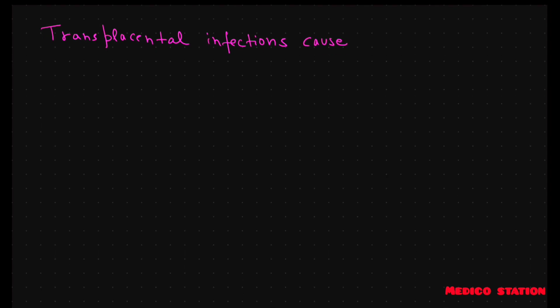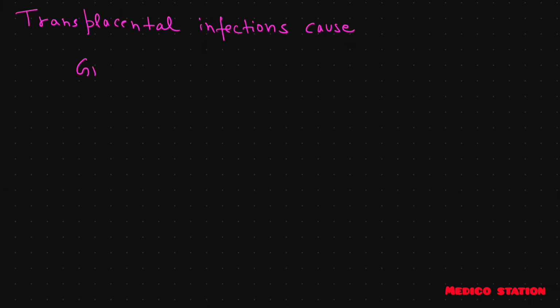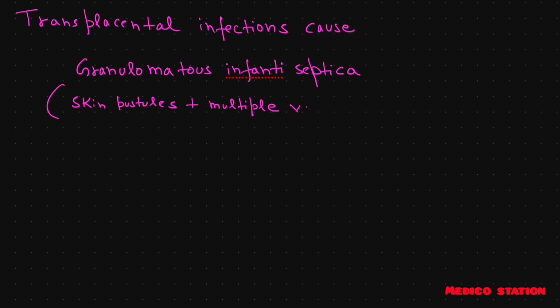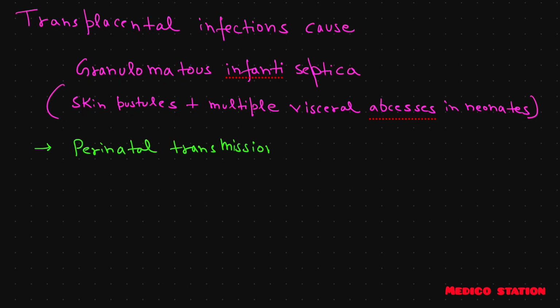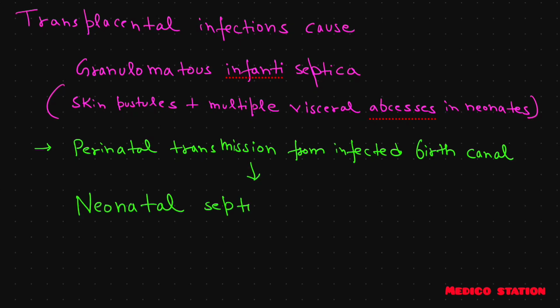Transplacental infections cause granulomatosis infantiseptica, characterized by skin pustules and multiple visceral abscesses in neonates. Perinatal transmission from an infected birth canal can lead to neonatal septicemia and neonatal meningitis.